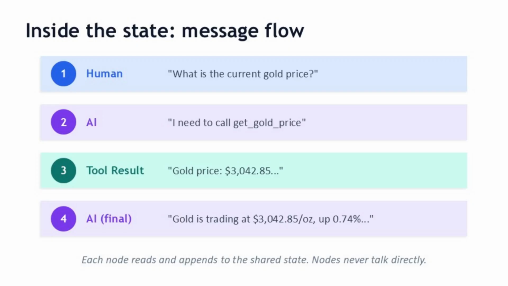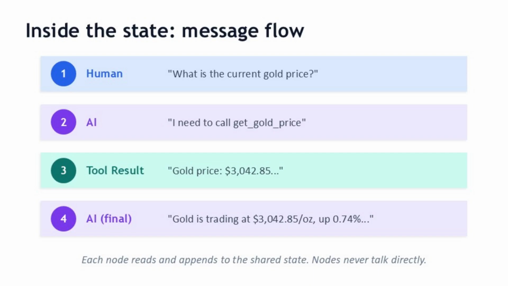Let's look at what's happening inside the state. The state holds a list of messages, and it grows with every step. Step 1. Your question goes in as a human message. Step 2. Claude responds, but instead of text, it says, "Call get_gold_price." That's an AI message with a tool call request.